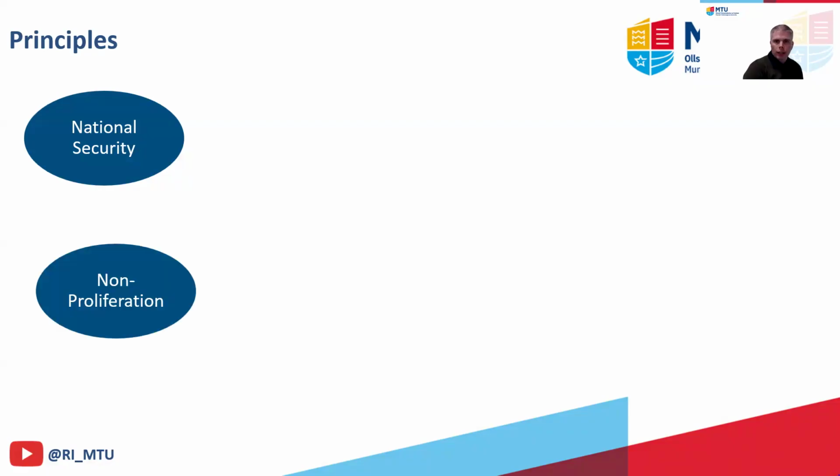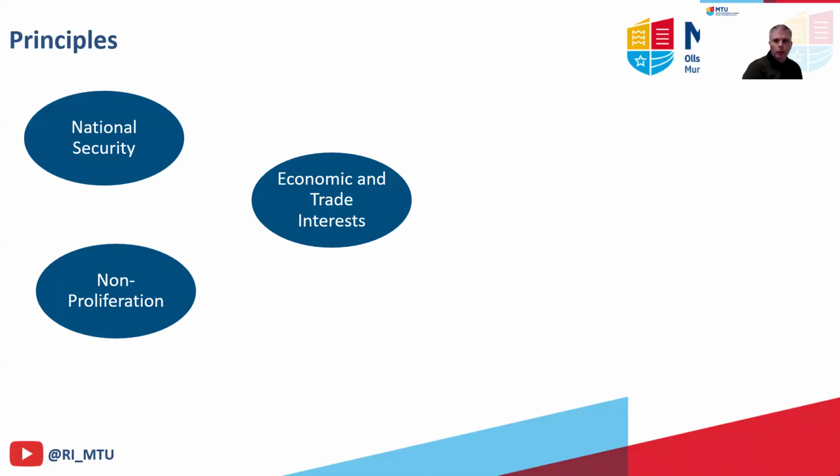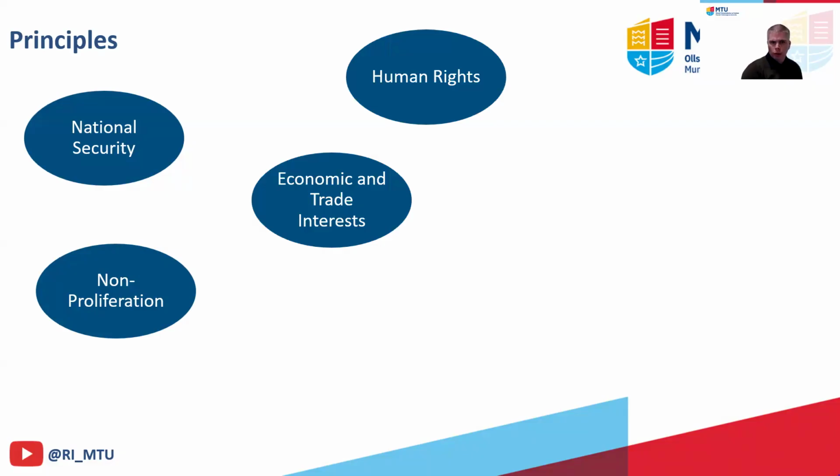Then we look at non-proliferation. Non-proliferation is where we don't support efforts to spread weapons of mass destruction or anything related to weapons of mass destruction. Then we have economic trade interests. This is where we're looking at protecting our own domestic industries. We have human rights, which I think speaks for itself. If we're conducting our research and innovation, it's not going to have a negative impact on participants' human rights.